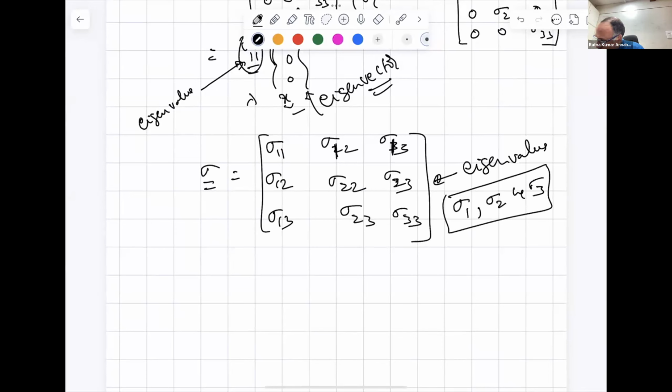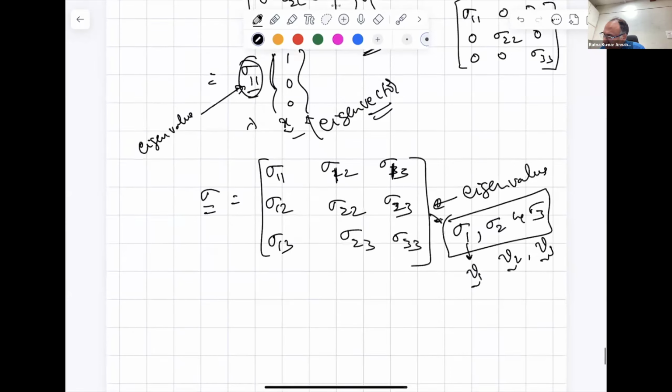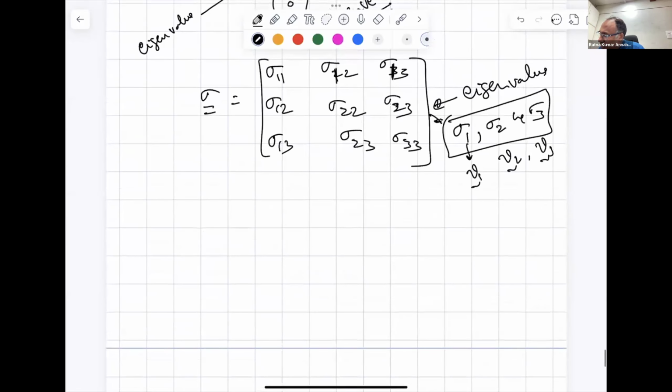They are the three eigenvalues, and corresponding to them, eigenvectors V1, V2, V3. These three eigenvalues are my principal stresses, as we have seen here. And the corresponding vectors will be principal vectors. That means the plane on which the normal stresses are non-zero and shear stresses are zero.